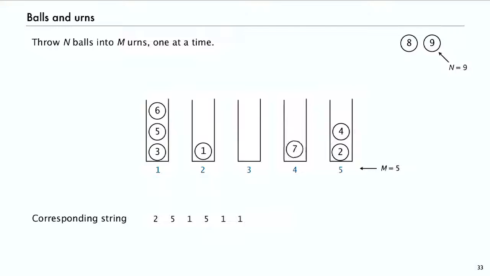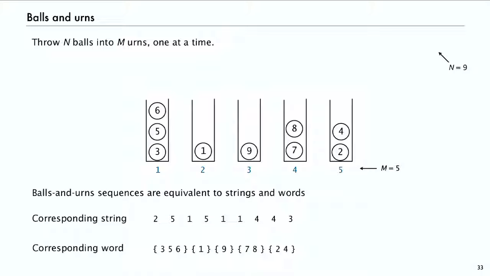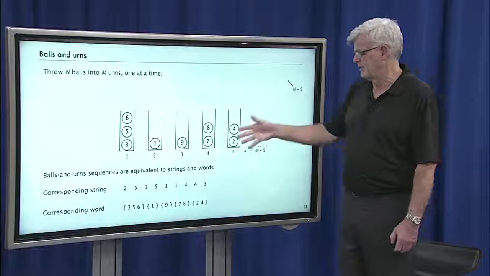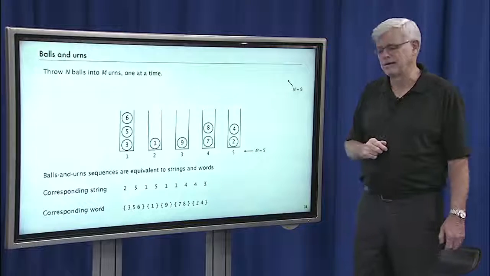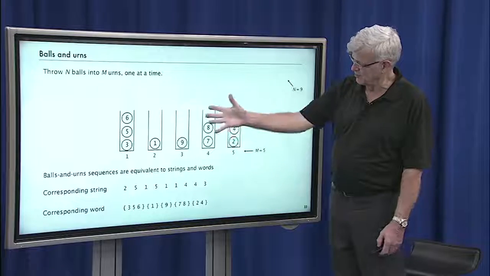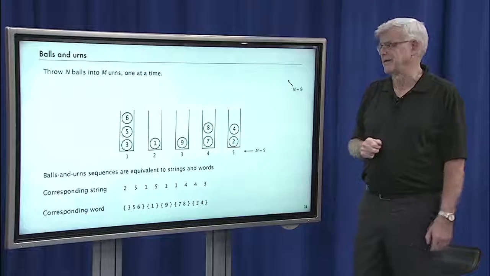So this balls and urn sequence simply corresponds to strings. And we don't care about the order in which the balls are in the urns. They're sets of indices. So balls and urn sequences are equivalent to both strings and words, and so sometimes we use that model for describing these objects. But it's more like words in terms of it being a sequence of sets of objects.